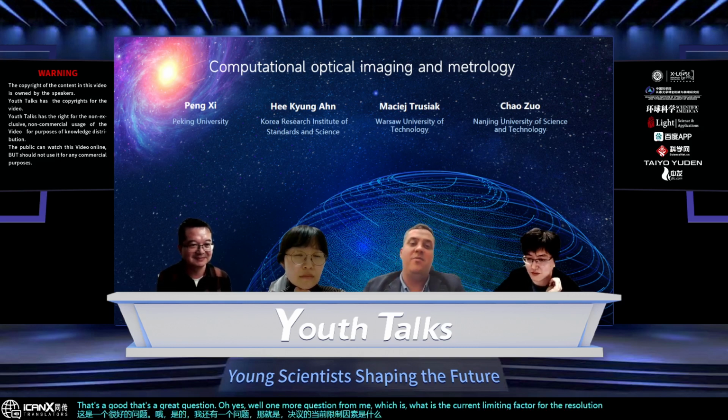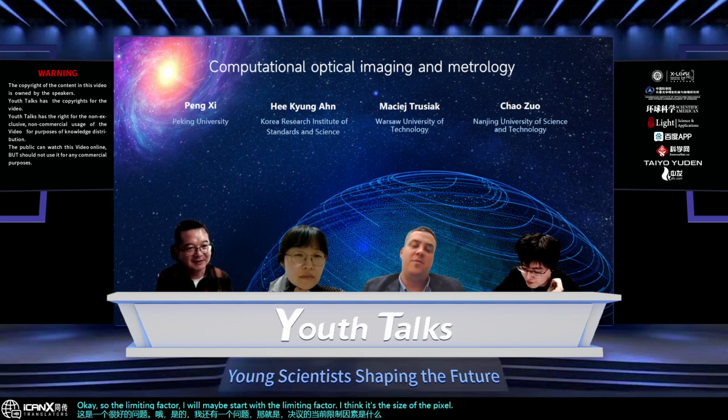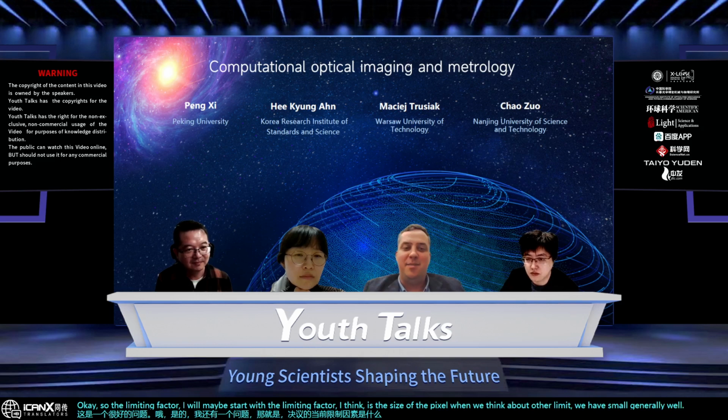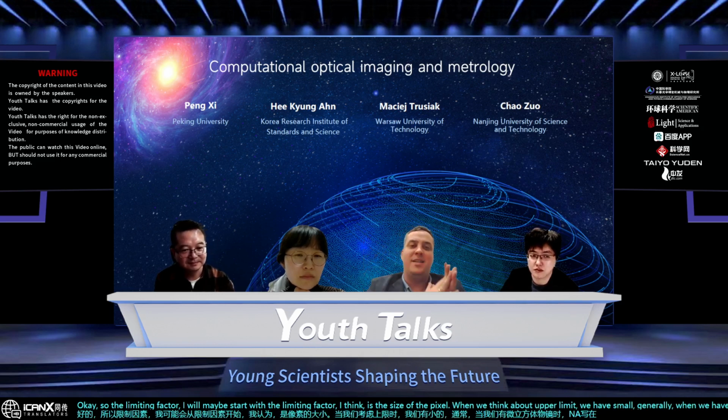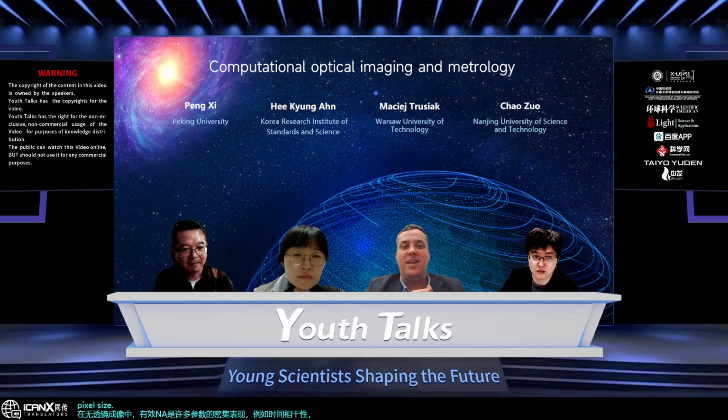Okay, I will maybe start with the limiting factor. I think it is the size of the pixel. When we have microscope objectives, the NA is written on the objective. In lensless imaging, the effective NA comes as a dance of many parameters like temporal coherence, spatial coherence, pixel size, sensor size, wavelength, numerical reconstruction, and so on.